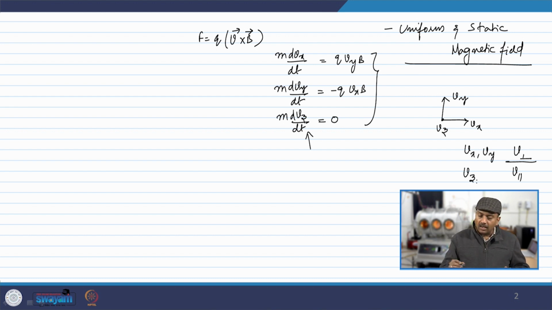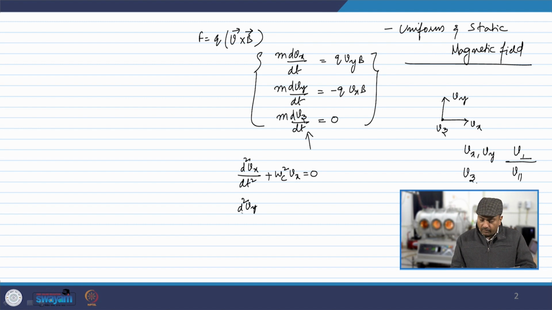Now, what we did in the last class is to couple these equations, and we got two second order differential equations, which are d square Vx by dt square plus omega c square Vx equals 0, and d square Vy by dt square plus omega c square Vy equals 0, and omega c is defined as minus q B by m.